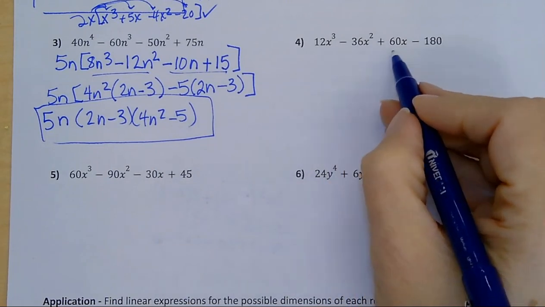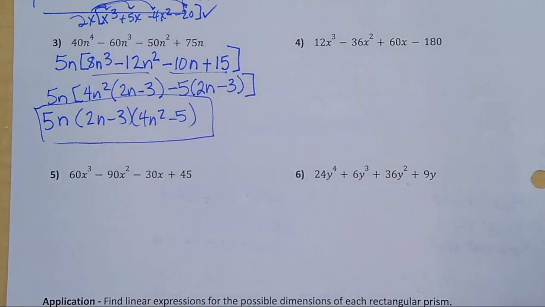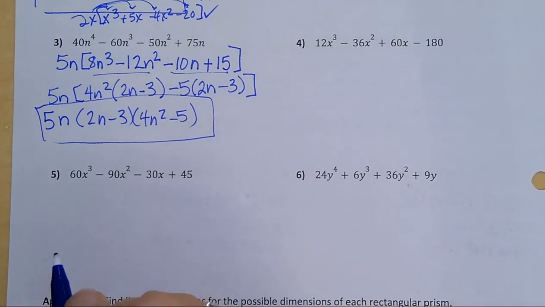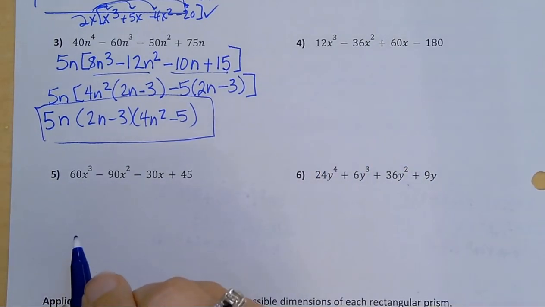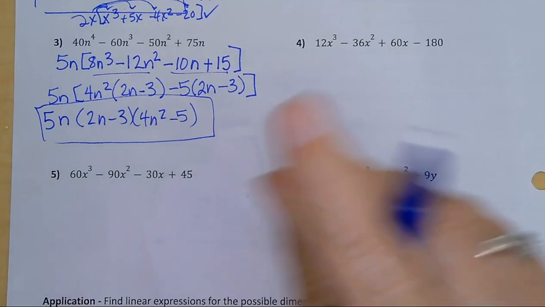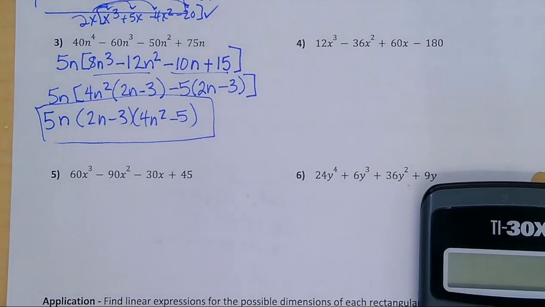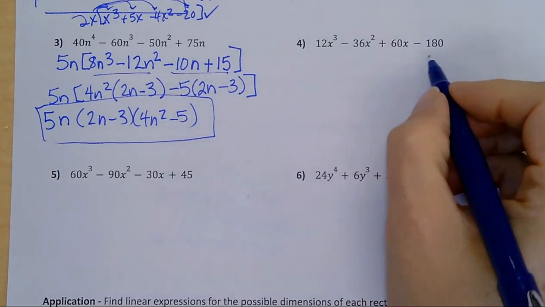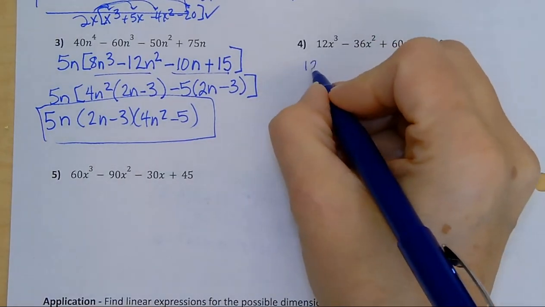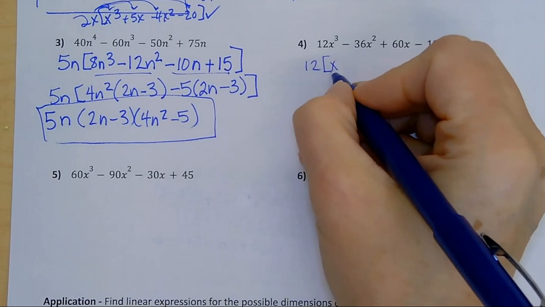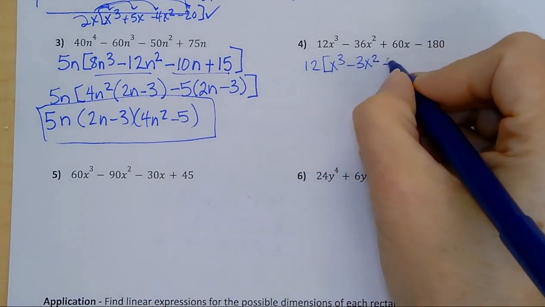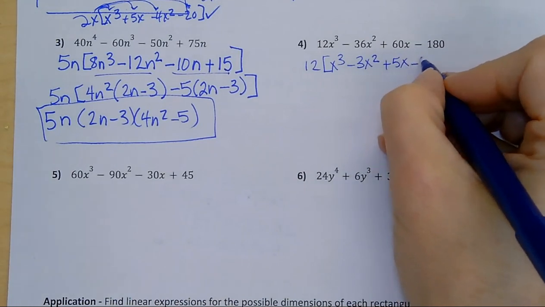12x cubed minus 36x squared plus 60x minus 180. I can pull out maybe 12. Does 12 go into 180? I don't know. Yes, the calculator says it does. So let's pull out 12 from everything first. 12 times x cubed minus 3x squared plus 5x minus 15.